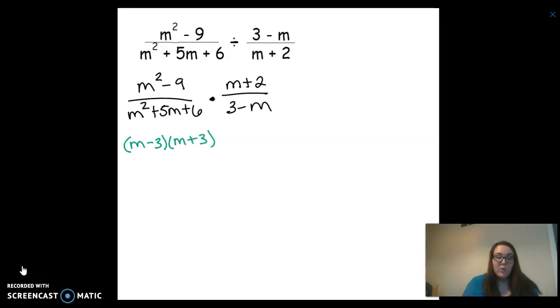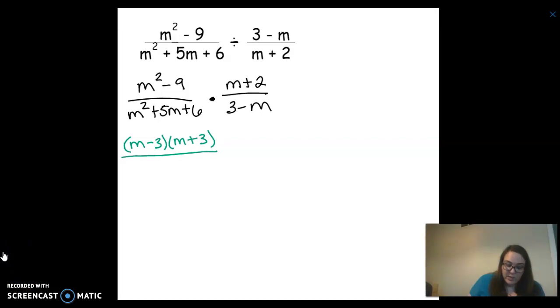I take the square root of both, and I have to make it a difference, so I have a negative and a positive. Factoring the denominator of that first fraction, m squared plus 5m plus 6.